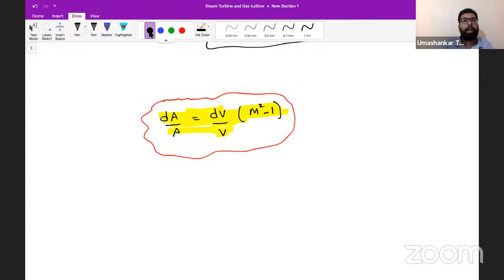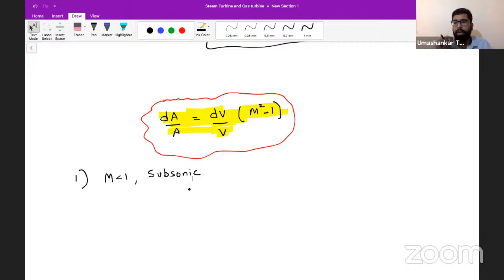We have already done so for incompressible flow. Now if the Mach number is less than 1, we call the flow subsonic. Now we want to develop a nozzle in which subsonic flow is happening.